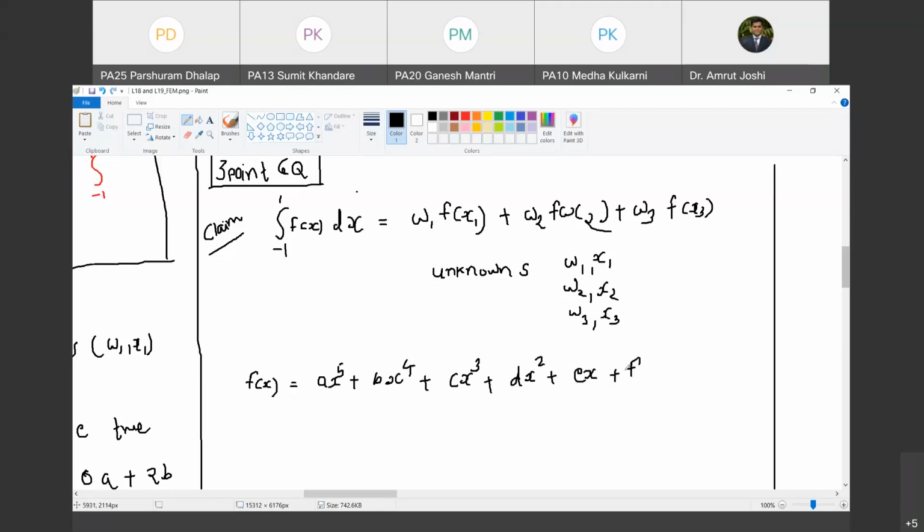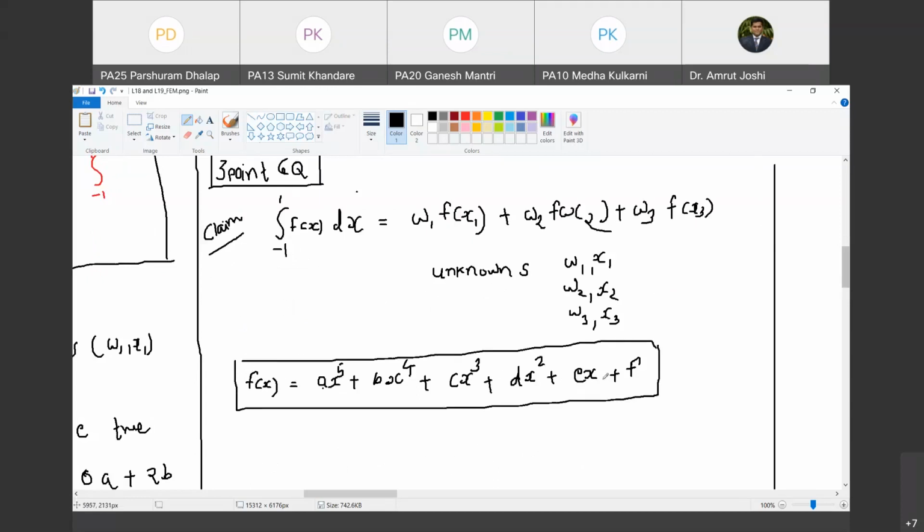If this is the polynomial, then only I can equate the coefficients of a, b, c, d, e, and f. So there are six equations. Therefore, my claim is 3 point Gauss quadrature will be able to exactly integrate polynomial of highest order 5. Are you with me? Yes, sir.